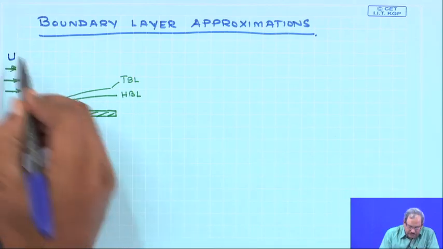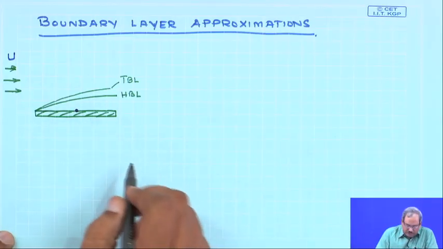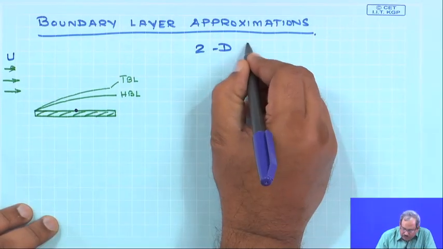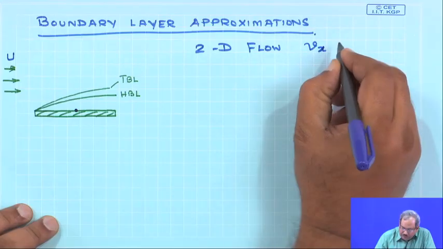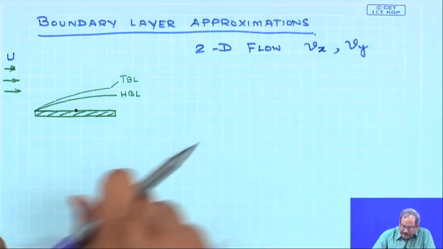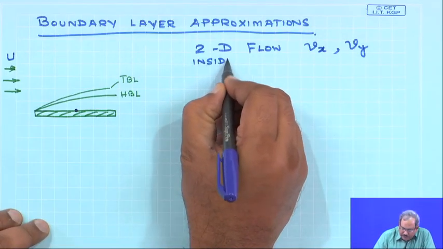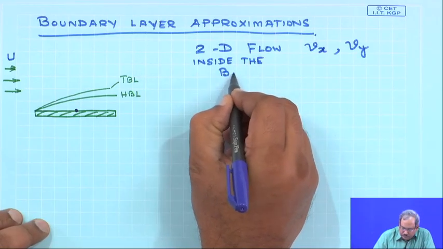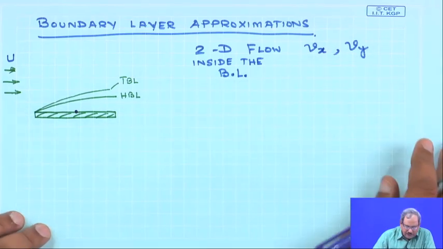Let us say the velocity here is u, which is a constant, and the temperature is also a constant, and it is a two dimensional flow, which simply tells you that the non-zero components of velocity are Vx and Vy, inside the 2D flow in the boundary layer. So, you have Vx and Vy, but Vz is equal to 0.